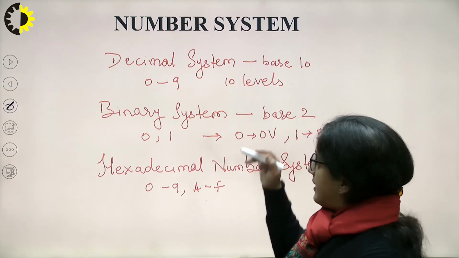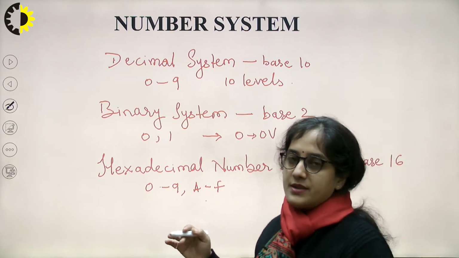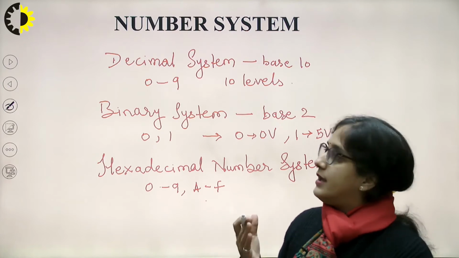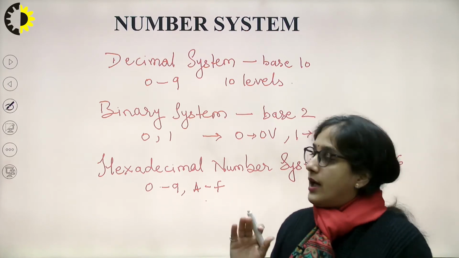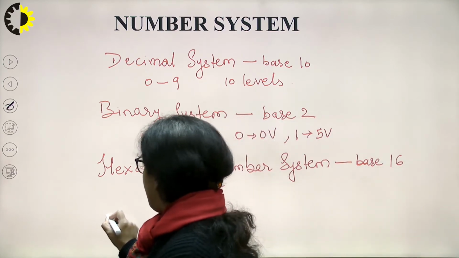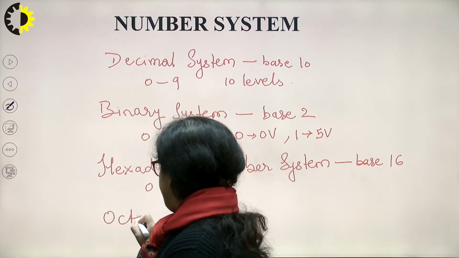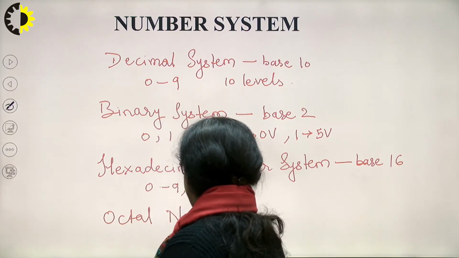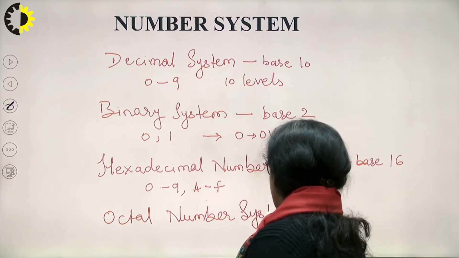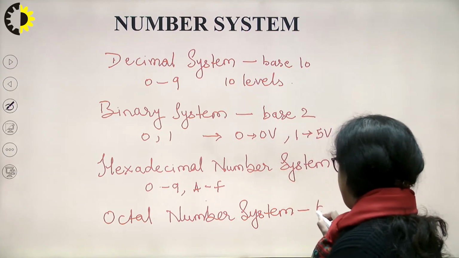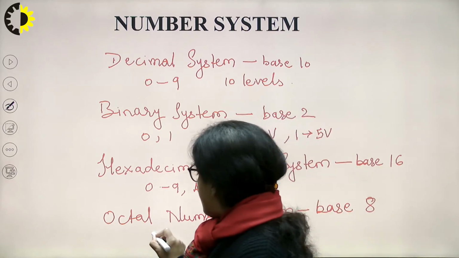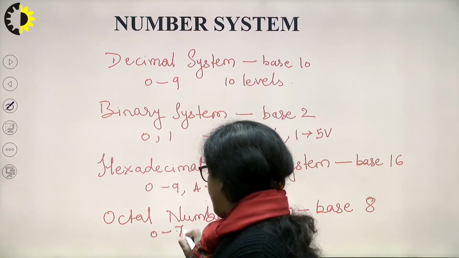Now we need to understand the relation between these three number systems, and how we convert a decimal number into binary or hexadecimal, or vice versa. There is one more commonly used number system, octal. In the octal number system the base is 8 and the digits are 0 to 7.